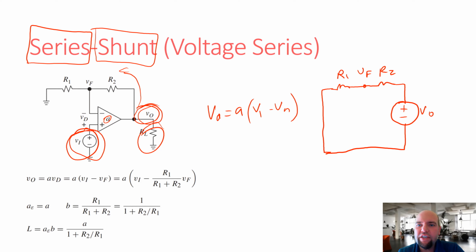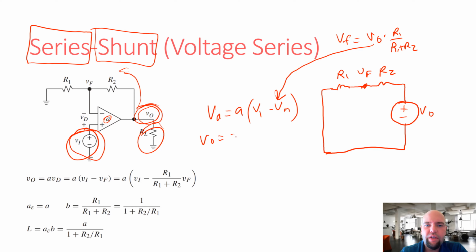So what's VF? Looking at this circuit, we just have a simple voltage divider. So VF, in this case, based on the voltage divider formula, is going to be VO times R1 divided by (R1 plus R2). So plug that in here, we get V out equals A times (Vin minus R1 over (R1 plus R2) times VO).